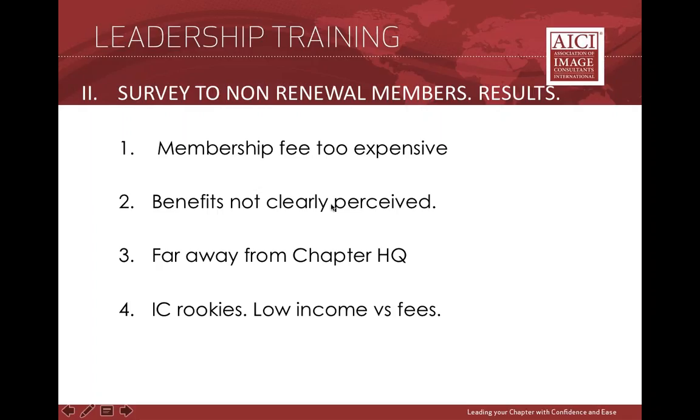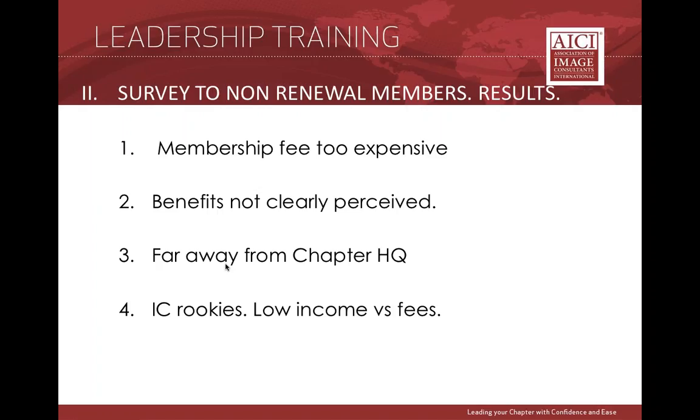Second, they didn't perceive the benefits very clearly. And third, some people are very far away from the chapter headquarters, so they can't go to the events that the chapters organize, they don't feel very tied to the chapter, and finally they decide not to renew their membership.